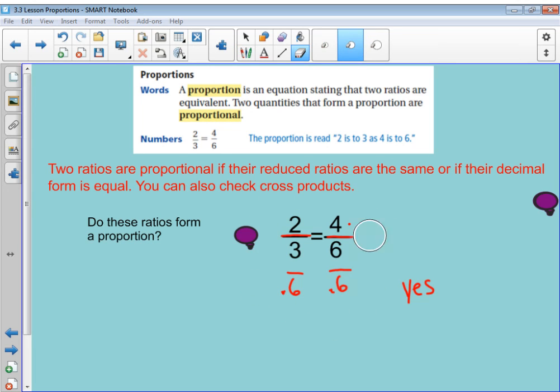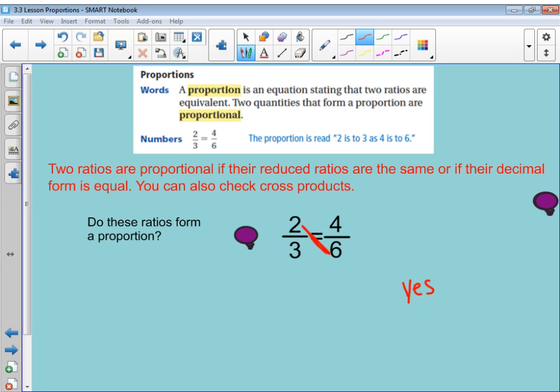Okay, the new concept that we'll tie into a little bit more in our next lesson is when we're finding missing parts of proportions, we'll have to understand cross products. Cross products are when you can take a set of fractions and multiply diagonally.